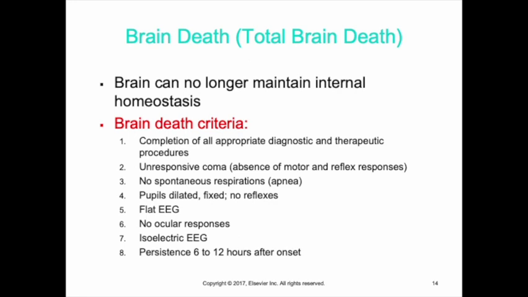The pupils must be dilated and fixed with no pupillary reflexes. The EEG will appear flat, so no brain waves. No ocular responses. Isoelectric EEG, meaning there's no stimulation of the brain. And this needs to be persistent 6 to 12 hours after the onset.